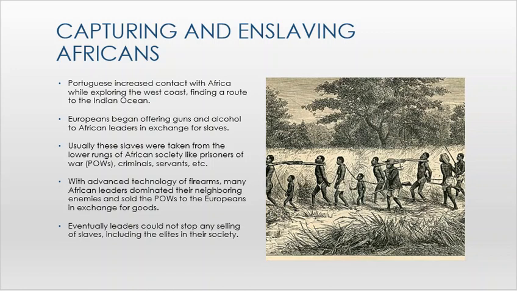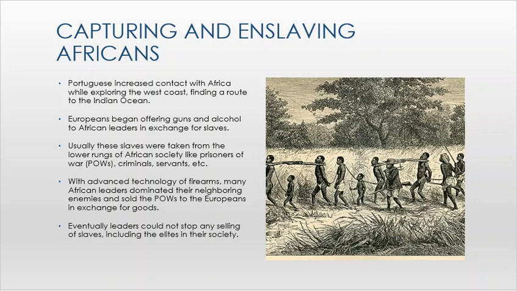However, eventually, these African leaders can't stop the selling of slaves. Before, they could sort of limit it, right? But at the end, you're starting to see that these slaves were being captured, but these weren't the riffraff anymore. These were like the elites, the nobles.